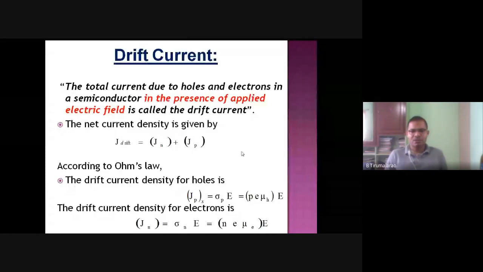We know the sigma formula: sigma n is equal to n e mu e. Here n is the number of electrons present per unit volume, also called the electron concentration, e is the charge of electrons, and mu e is the mobility of electrons.